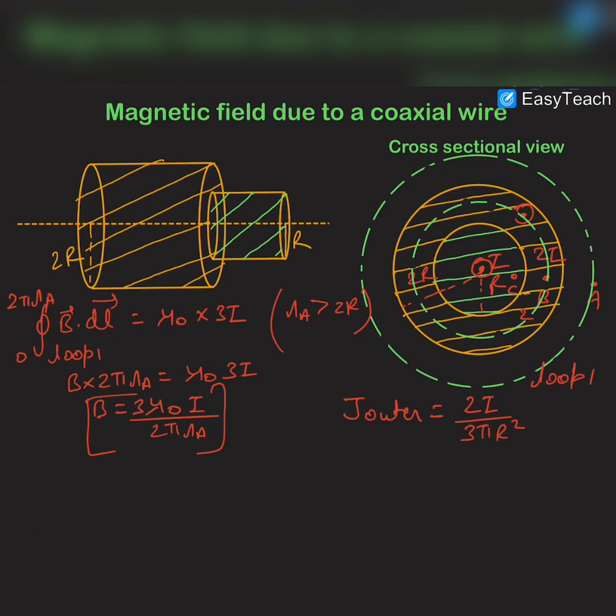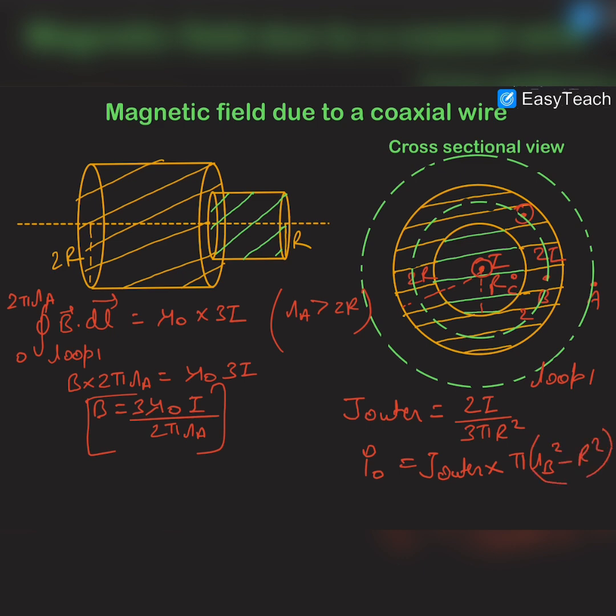The current inside this area, let us name it I naught, is bounded only between R and RB. So this current will be J outer multiplied by the bounded area, which is pi RB square minus pi R square.